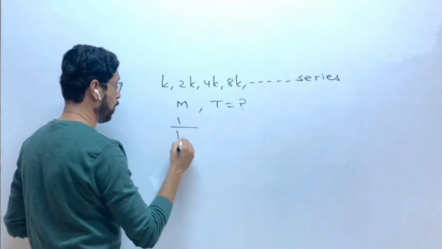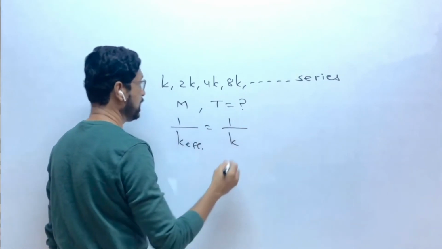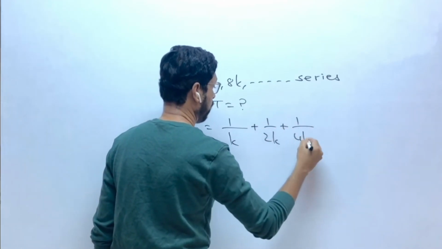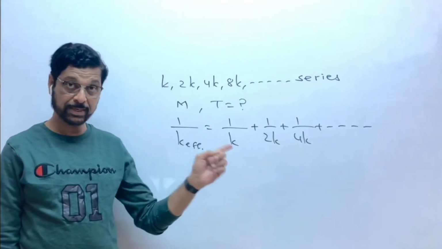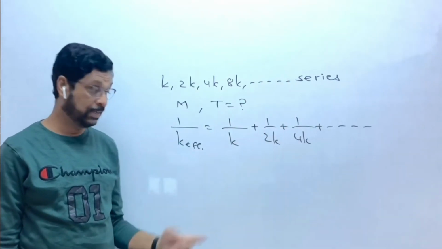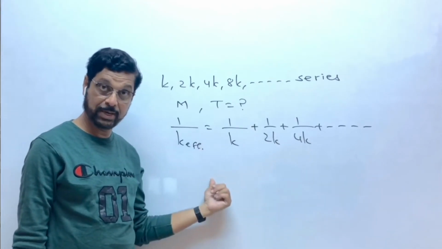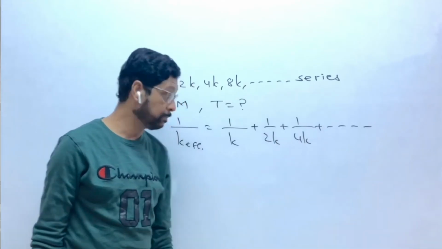So 1 upon K effective will be equal to 1 upon K plus 1 upon 2K plus 1 upon 4K plus dot dot dot. Right? Because the effective force constant in a series combination is 1 upon K effective equals 1 upon K1 plus 1 upon K2. So we add all this.